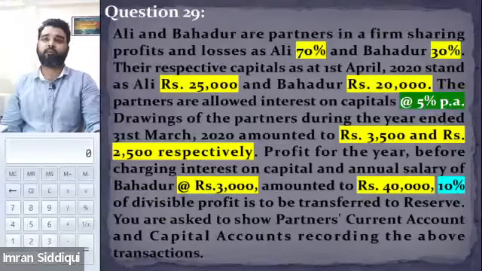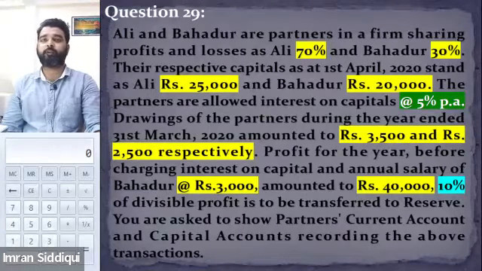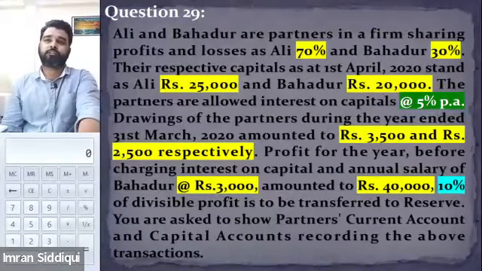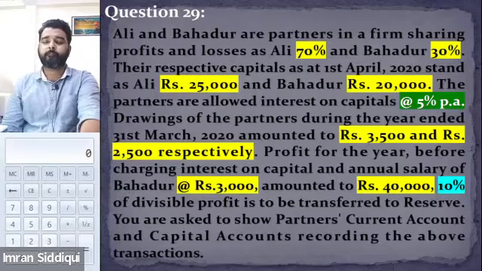So guys, see, the question is not asking us to prepare the P&L appropriation account. But since we need to prepare the capital account and the current account, and if you remember, while preparing the current account, we need to transfer the profits distributed among the partners.